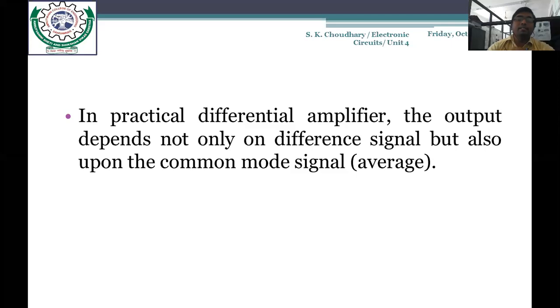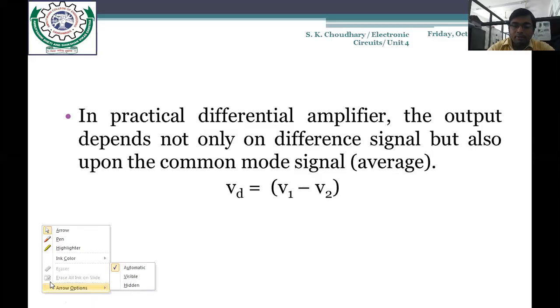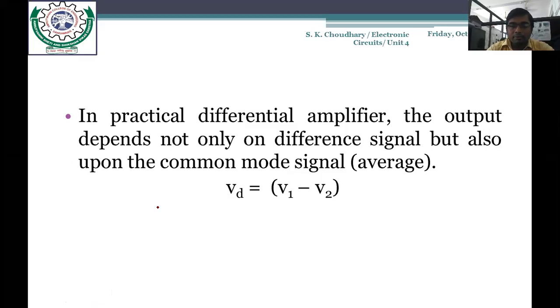In the practical differential amplifier, the output depends not only on the difference signal, but also on the common signal or average signal. We know that the differential signal is written as Vd equals V1 minus V2.